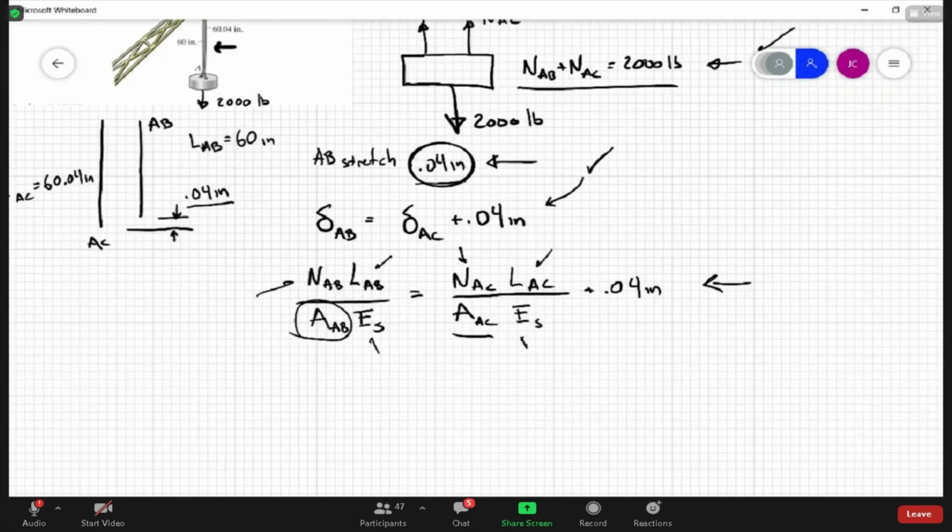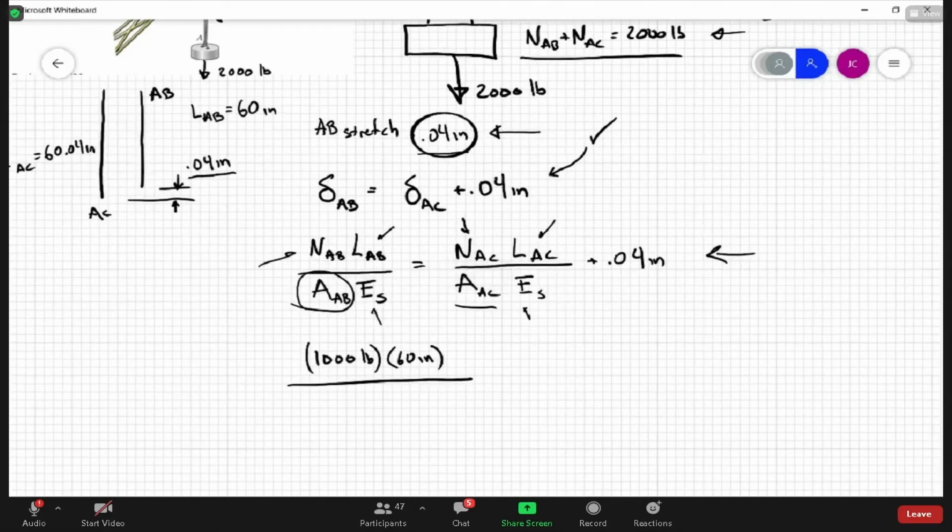So we put numbers into all this. NAB is 1,000 pounds. Length AB is 60 inches. The cross-sectional area is the unknown. And the steel is 29 times 10 to the 6th.